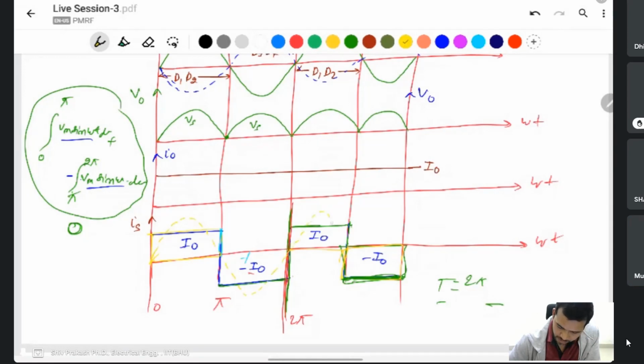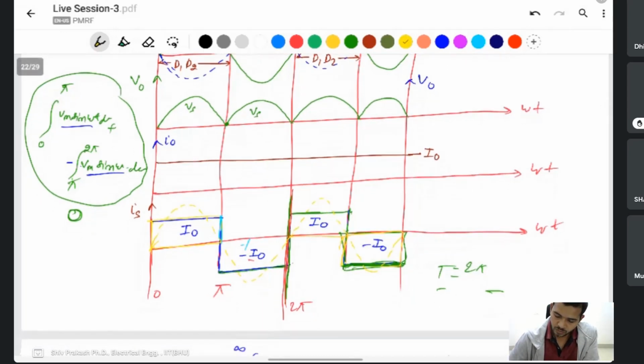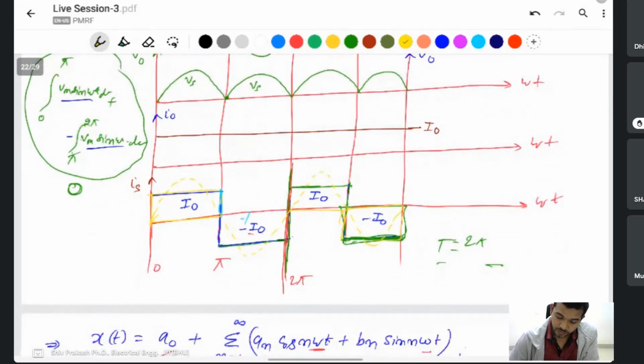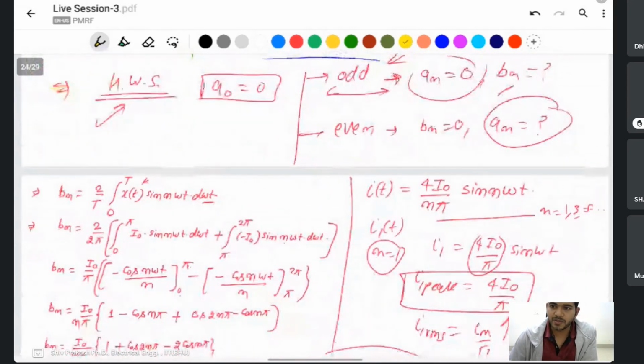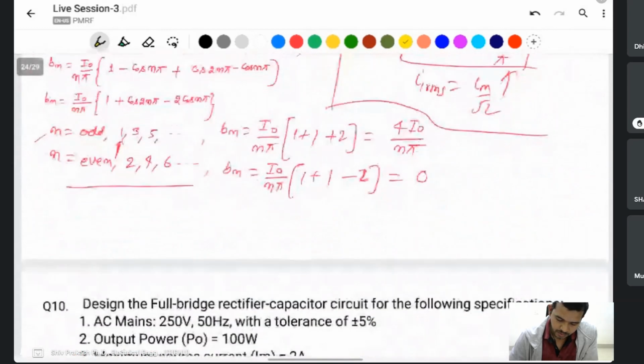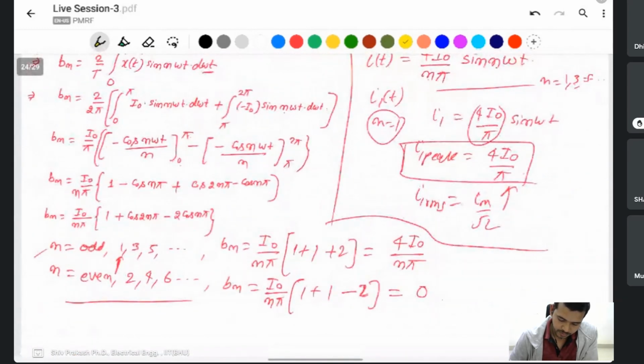Here the n is equal to 1, 3, 5, and so on. How many n is enough to simulate the waveform? See, n is 1, 3, 5, and so on. Up to a large number we can take.